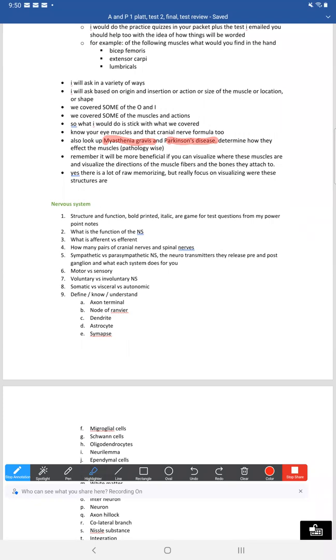Dopamine starts to fade in a person with Parkinson's. So acetylcholine and dopamine ratios are off, and proper ratios of acetylcholine and dopamine allow for more coordinated muscle contraction. And because the ratios are off, that's why they start getting tremors.